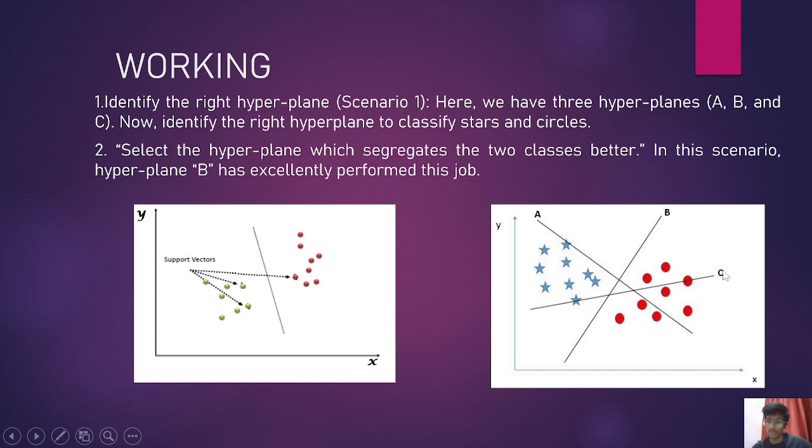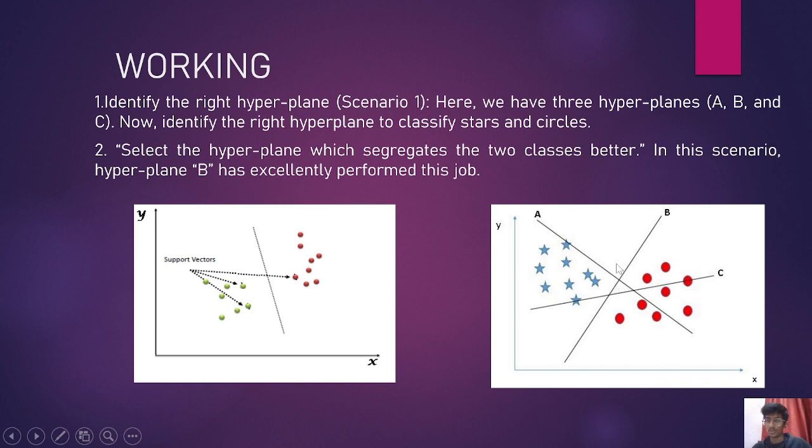Coming to C, it's the same: it's very close to one class and it's cutting through the red circles, so it cannot be the hyperplane. Coming to B, there's an equal distance from both sets of data and it's not cutting through either, so it classifies this data type as star and this data type as circle. The line should always be far from both data sets.